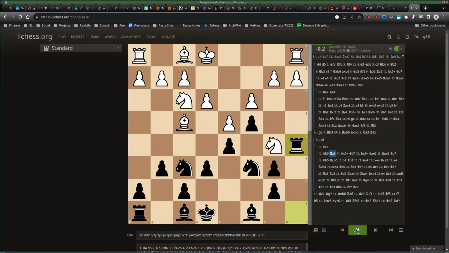But you have to, due to this check. It says black is still better.